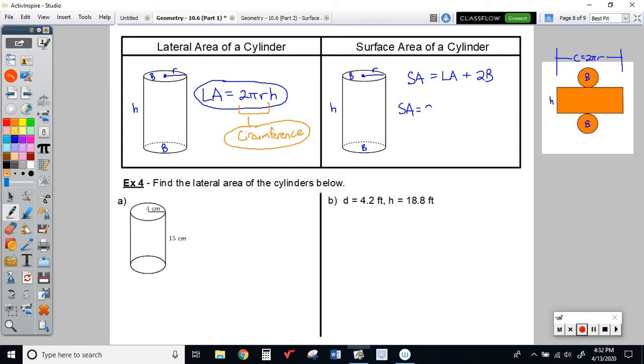Lateral area is 2 pi r h, and then the area, capital B, is standing for area of the base. Area of any circle would be, I hope you remember, pi r squared. And so we've got 2 circles here. That's why it's 2 pi r squared. Right here, you've got 2 circular bases.